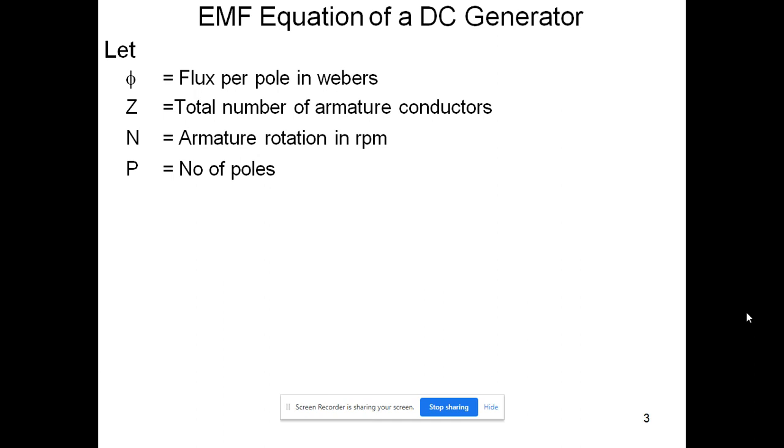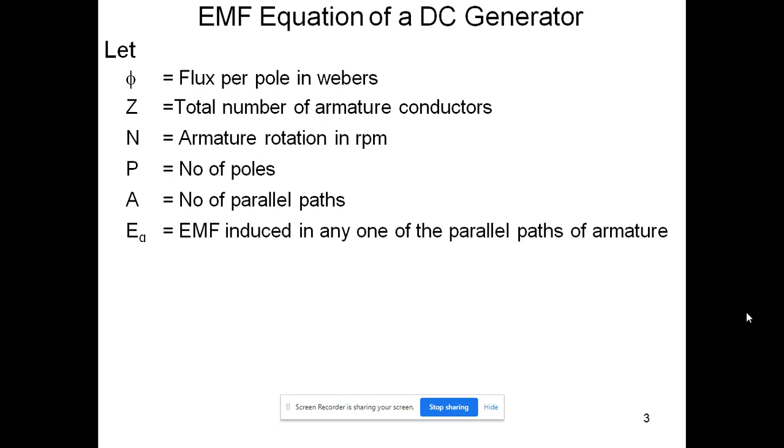And the number of poles be represented as P, and there will be number of parallel paths which are indicated as capital A, and the EMF induced in any one of the parallel path is indicated by EQ.